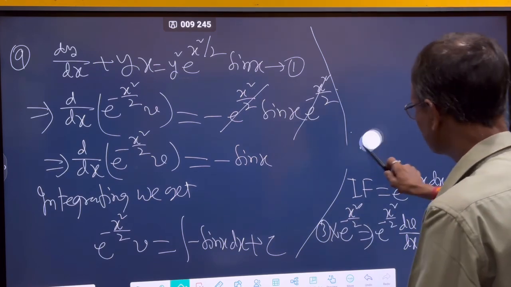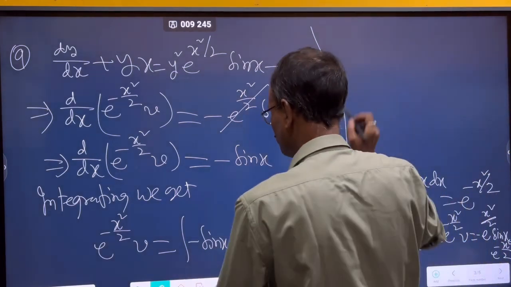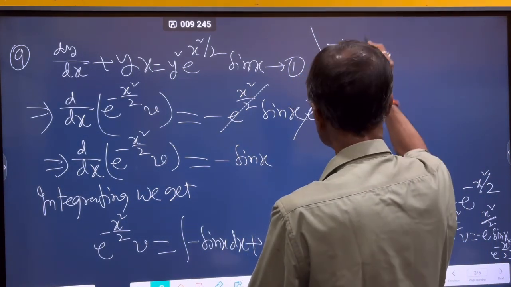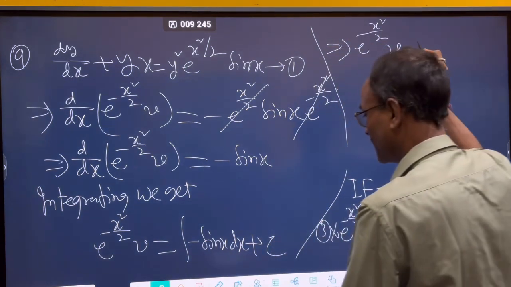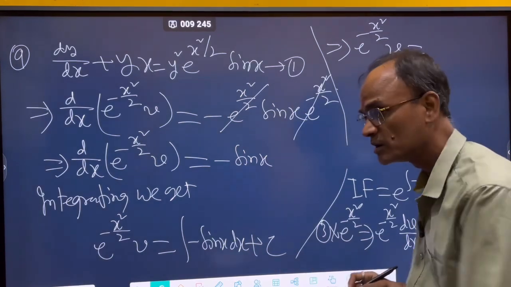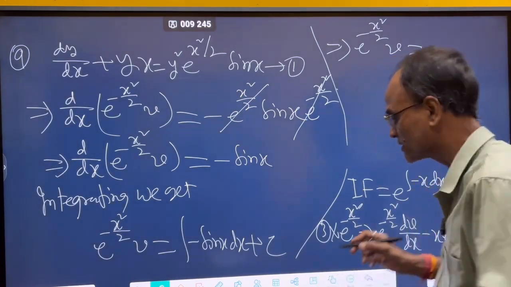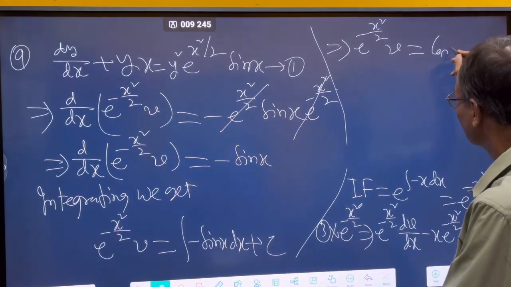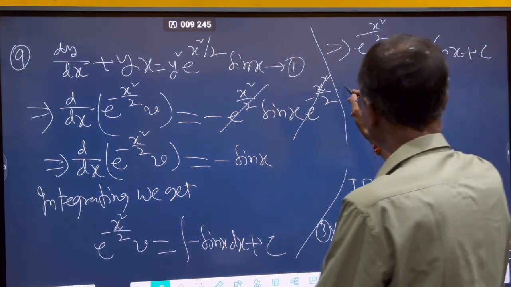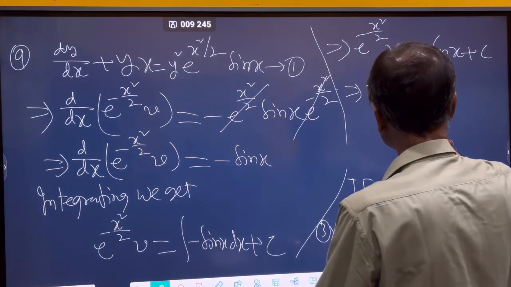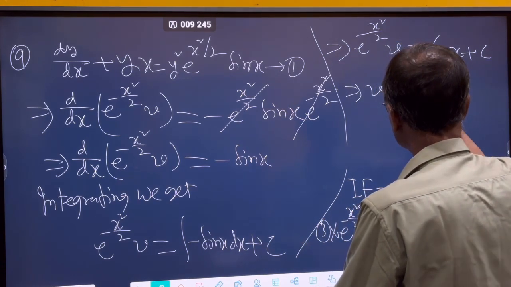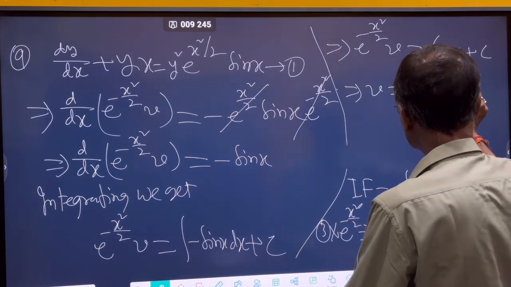This means e to the power minus x square by 2 into v equal to integration of minus sin x, which is cos x, plus c. This means v equal to e to the power x square by 2 into cos x plus c.